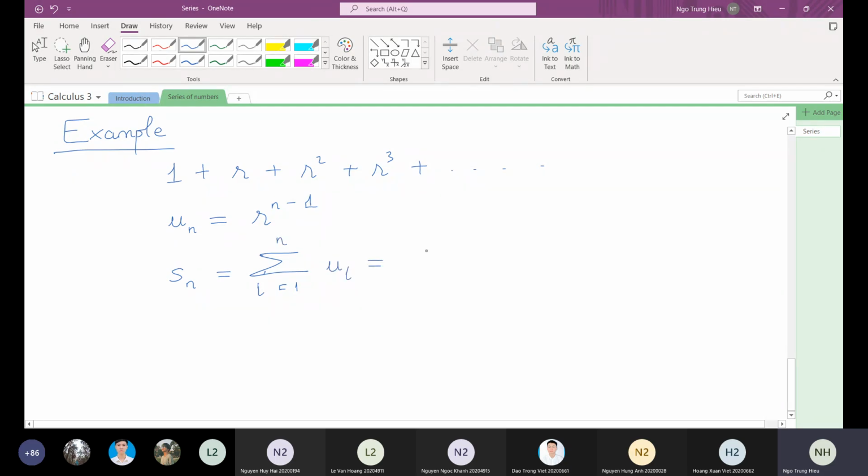So it's the sum of i equals 1 to n of r to the i minus 1.